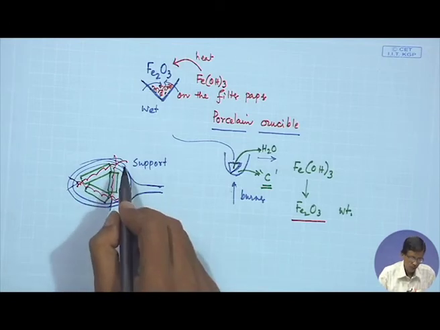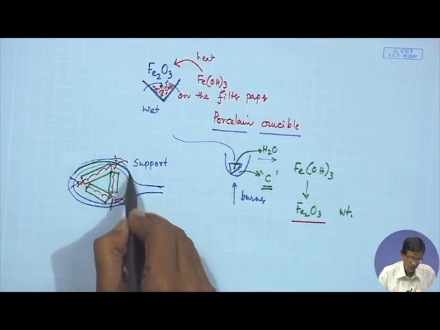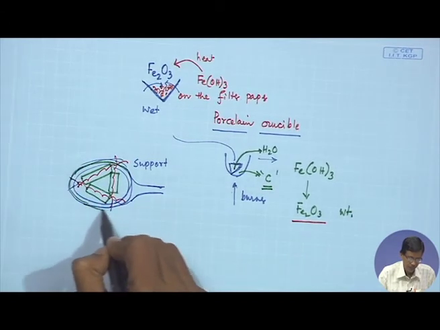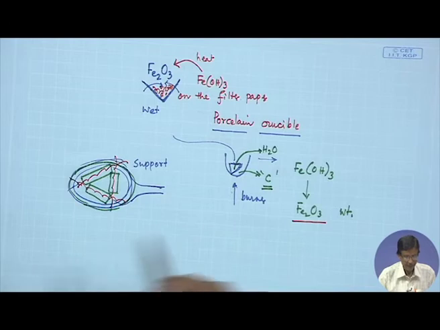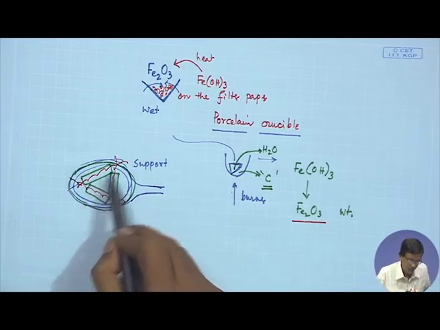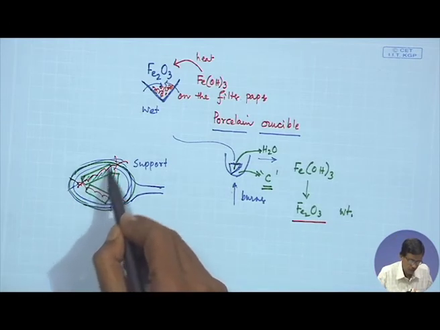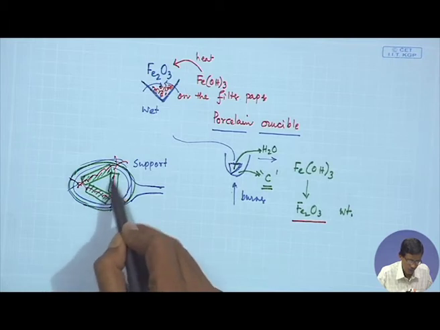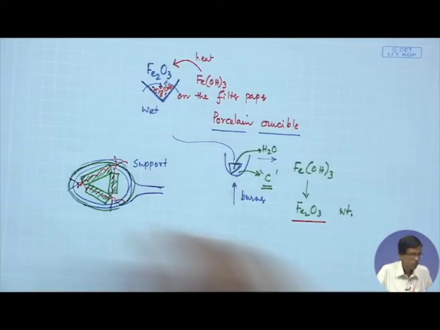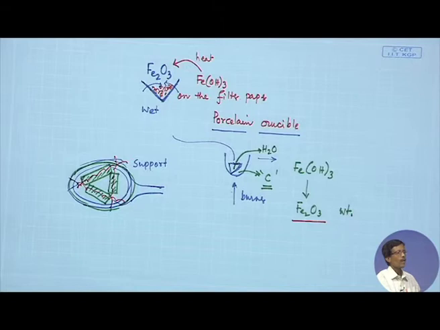This ring is made of iron. With this iron ring you have this triangle. This is the porcelain one, with the wire inside, and you put that there.